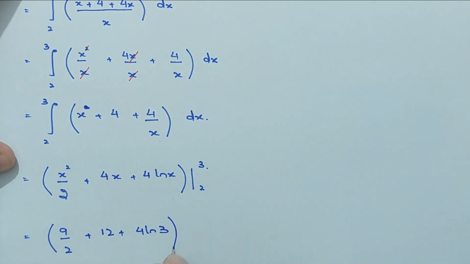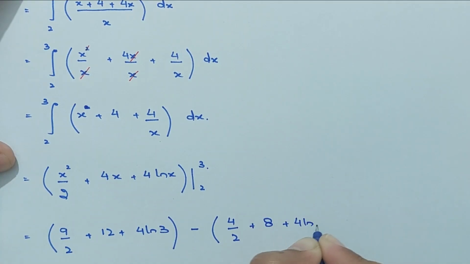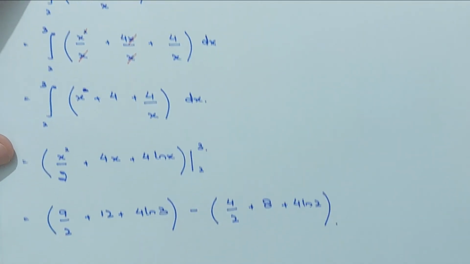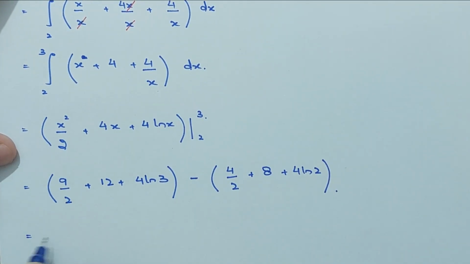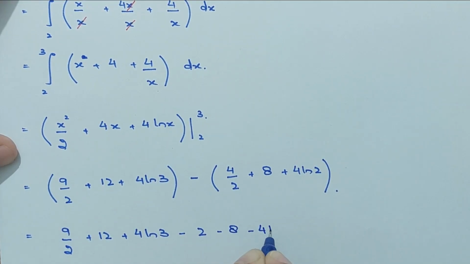This is the upper limit, minus the lower limit: 2 squared is 4, 4 by 2, plus 4 times 2 is 8, plus 4 ln 2. Further simplification, we have 9 by 2 plus 12 plus 4 ln 3 minus 2 minus 8 minus 4 ln 2.